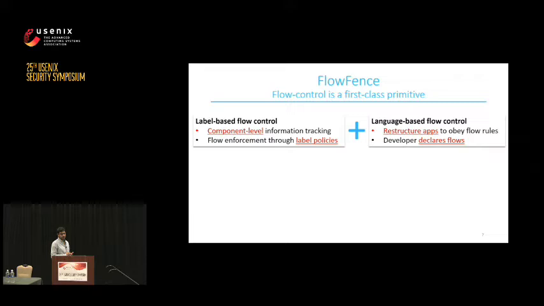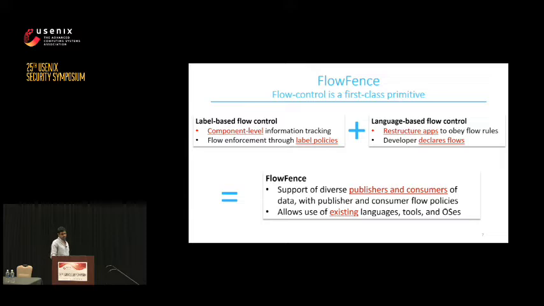And similar to language-based flow control techniques, it requires a developer to restructure their applications to obey these flow rules, to make control and data flows explicit in app structure. And then it also requires developers to declare these flows, while FlowFence automatically prevents all of the undeclared flows.